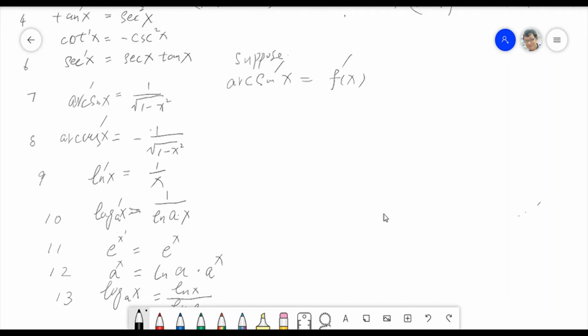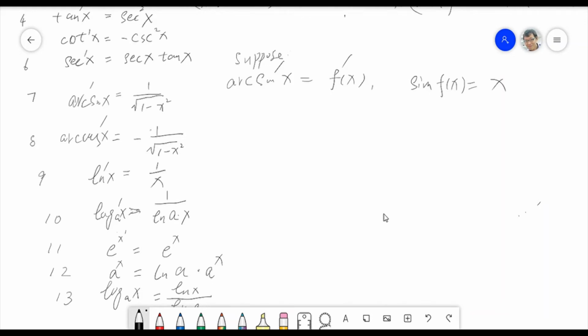This makes sense, right? But if you observe, arc sine x equals f(x) can be written in another form: sine of f(x) equals x.